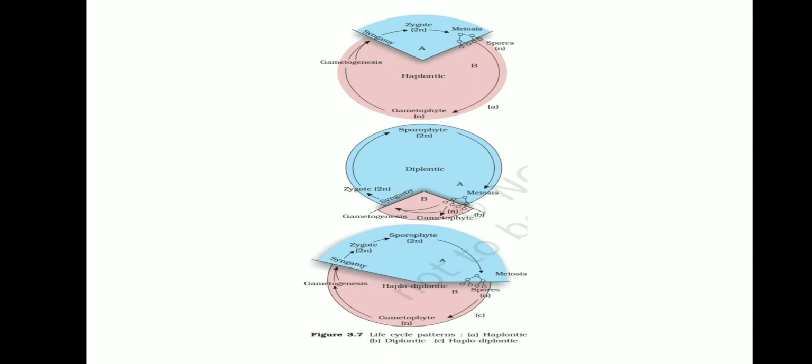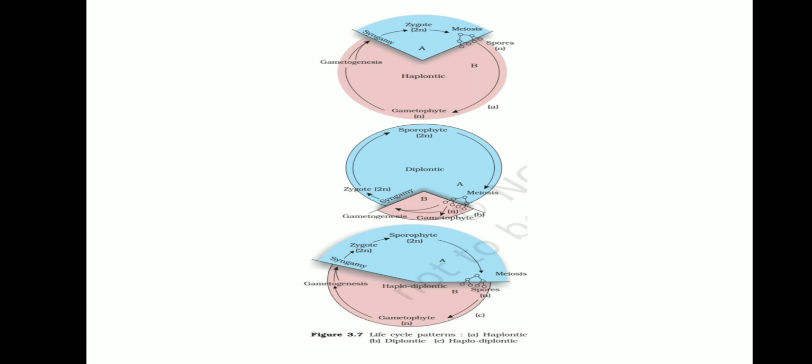The diploid sporophyte is represented by a dominant, independent, photosynthetic, vascular plant body. It alternates with a multicellular saprophytic or autotrophic, independent but short-lived haploid gametophyte. Such a pattern is known as haplodiplontic life cycle. All pteridophytes exhibit this pattern as shown in figure 3.7c.